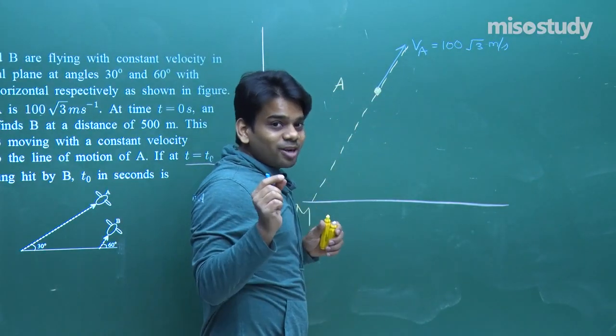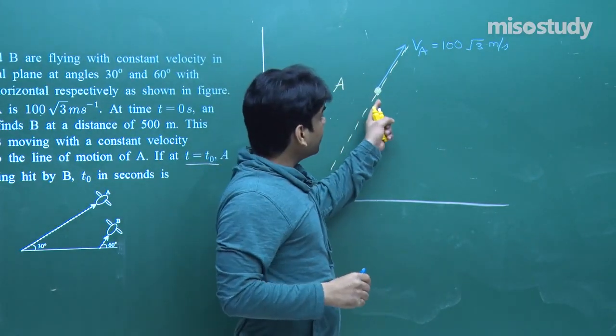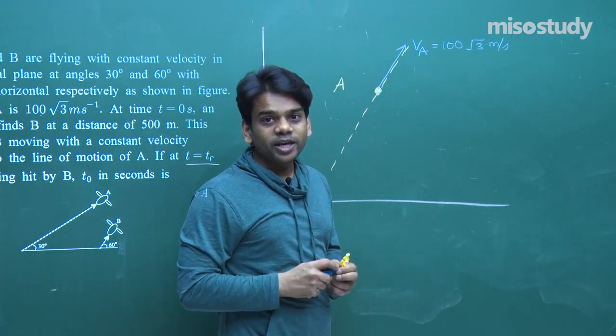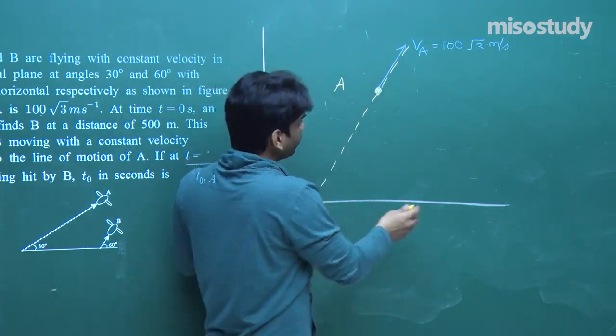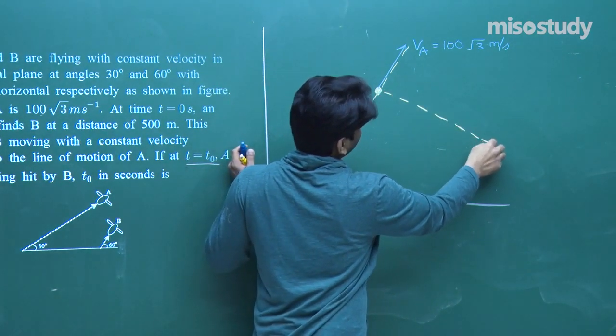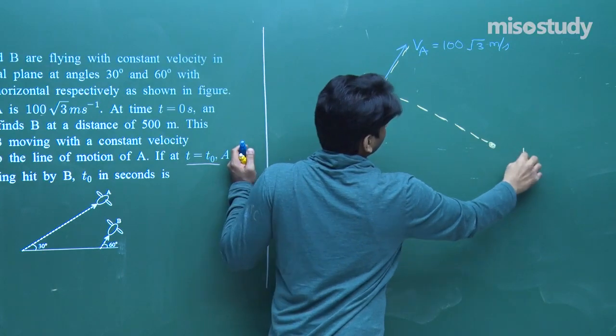Now see, at time t equals 0, the observer in A finds B at a distance of 500 meter from the airplane A. So I'm going to show you where B will lie. Let's say this is B.